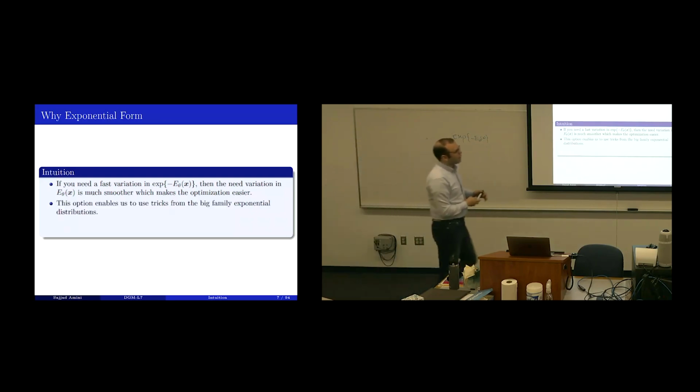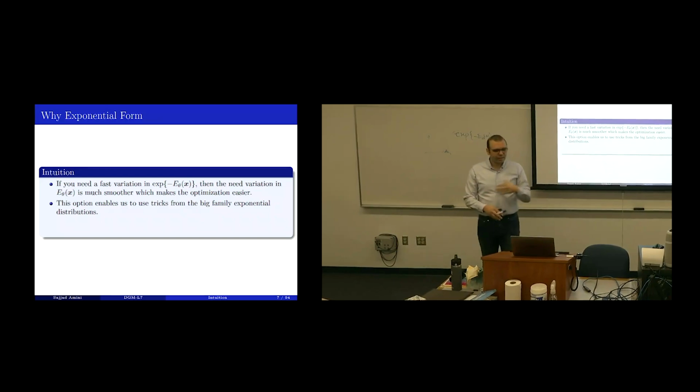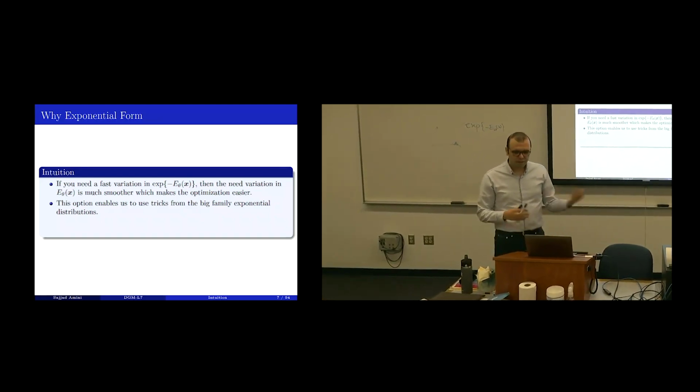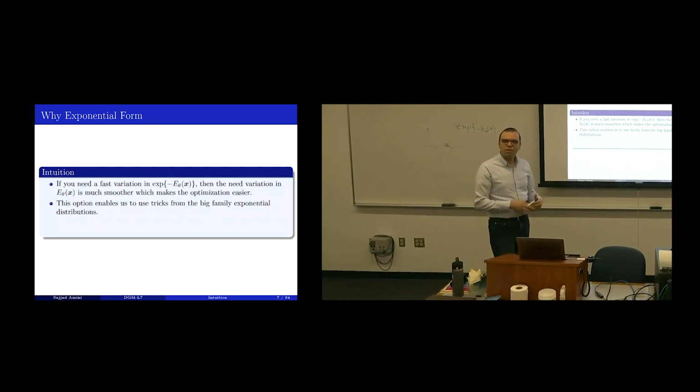The next reason is that when you use the exponent here, the resulting distributions become similar to a family of distribution functions named the exponential family. The exponential family is very well studied in the literature, and it has lots of properties and theorems, and you can use all of them after you train your model.